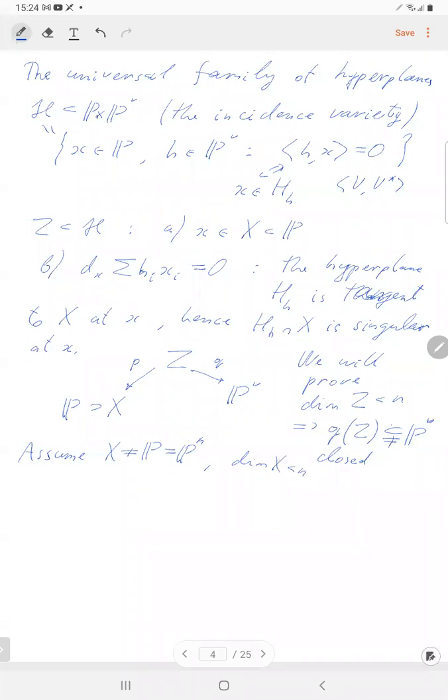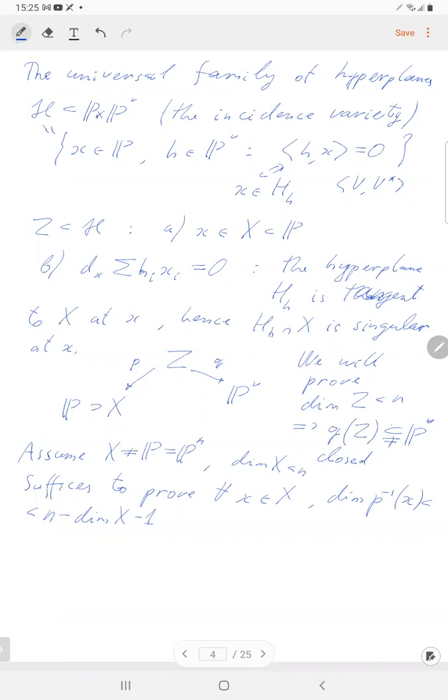Okay, and now it suffices to prove that for any point in X, the dimension of its fiber, of this projection P from Z to X, is less than n minus dimension of X minus 1.